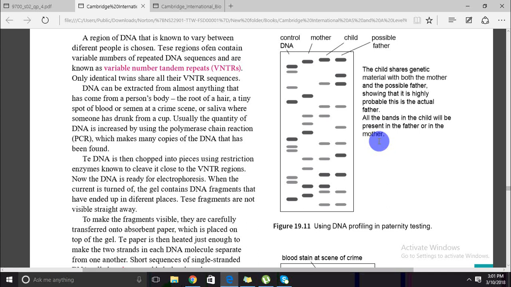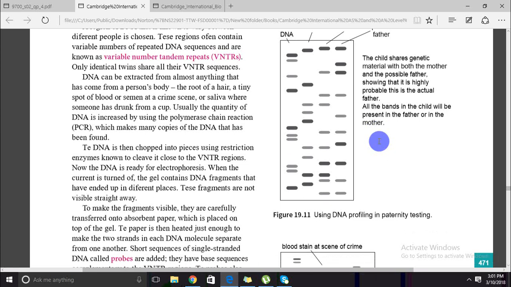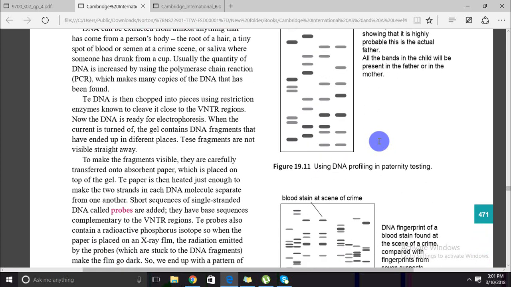There will be complementary strands, and that is why heating of the paper will be required. And then short sequences of single stranded DNA called probes are added, right? And they will have base sequences that are complementary to different VNTR regions.